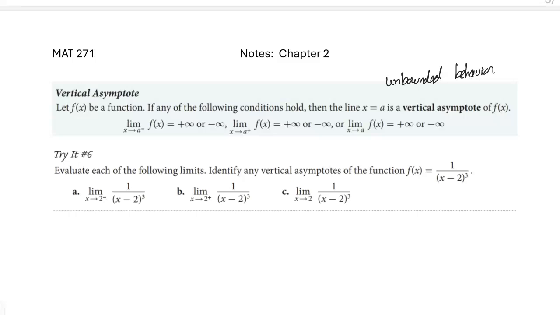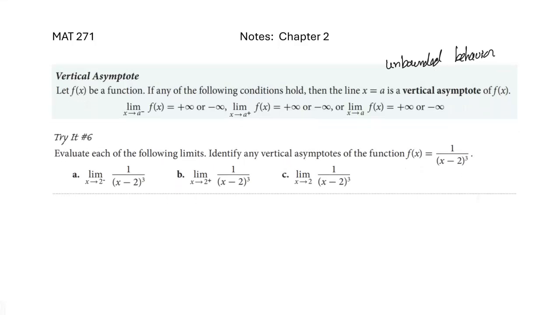And that's what we're looking for. And the definition of vertical asymptote says, as you get close to some particular value, if you head up to infinity on one side and negative infinity on the other side, or if you're heading up to infinity on both sides, or down on both sides, then you have a vertical asymptote. So it's just some kind of unbounded behavior somewhere.